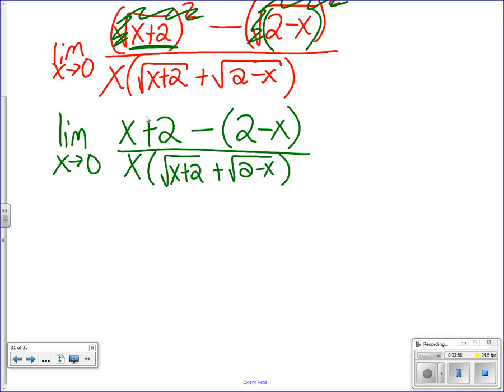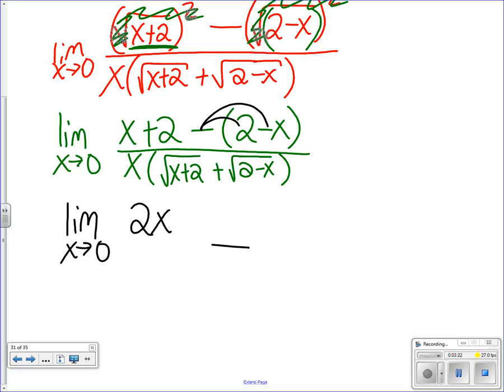So at this point, we can rewrite this limit and combine some like terms on top. We have x minus negative x, so that comes out to be a positive x, so x plus x gives us 2x. And then also we have 2 minus 2, well, those will just cancel out.